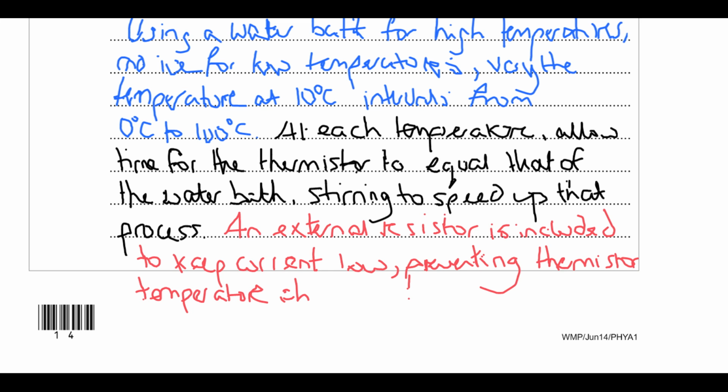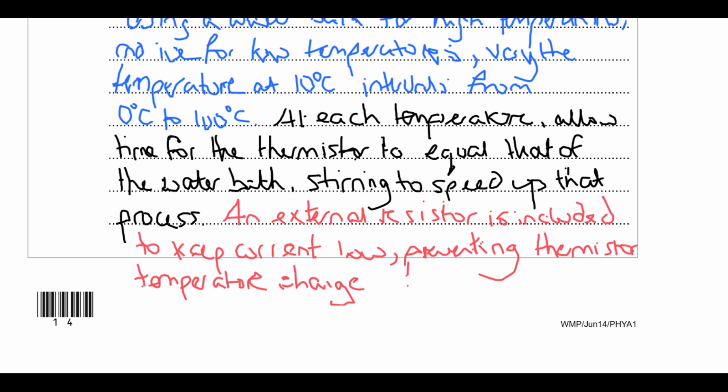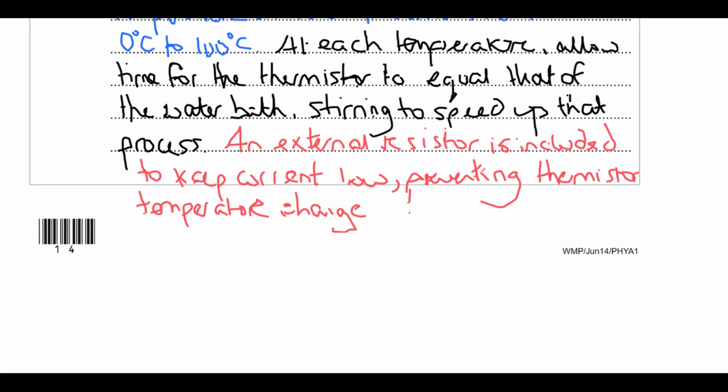When I say preventing thermistor temperature change, I mean that in the sense of changing unexpectedly. Obviously, we want it to change as part of the experiment, but we want it to change predictably.